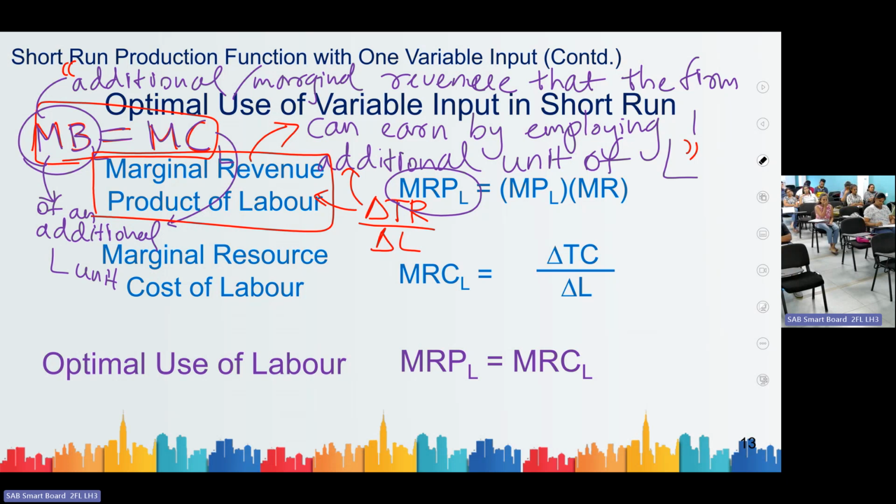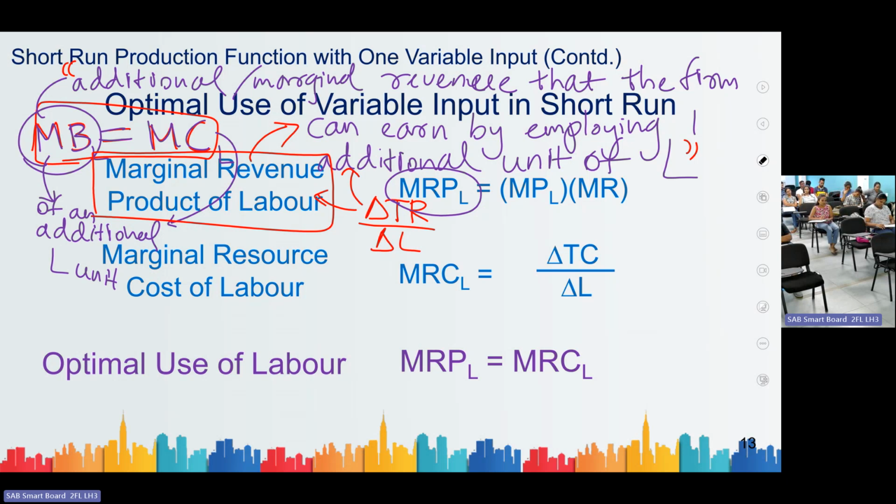MRPL stands for marginal revenue product of labor. What is it? Additional or marginal revenue that the firm can earn by employing one additional unit of labor. How do we measure it? Using a basic formula, that is change in total revenue divided by change in labor.